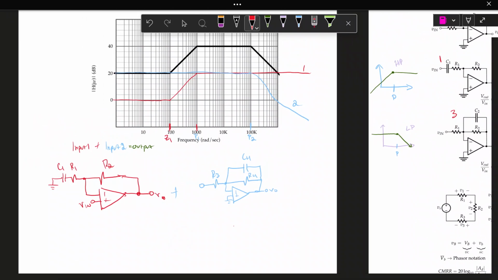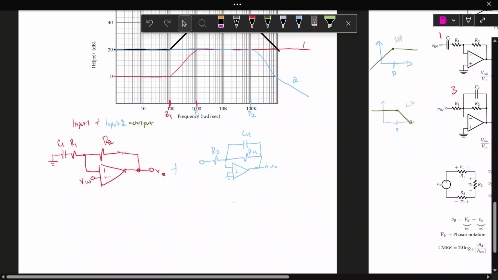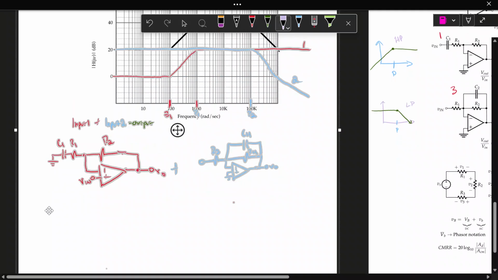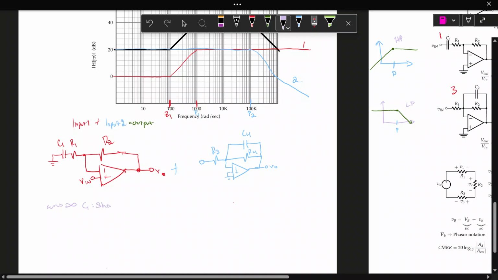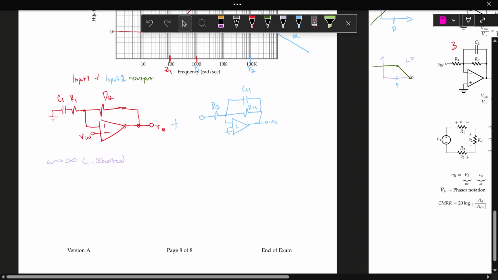So what I want to do that might make it a little easier is we want the capacitor to be shorted so that we can get a non-inverting amplifier configuration. I'll draw it just once here. So when omega approaches infinity, C1 is shorted. I'll draw out our new amplifier configuration. So it's shorted, so I'll draw the terminals of the capacitor. And now the resistances.